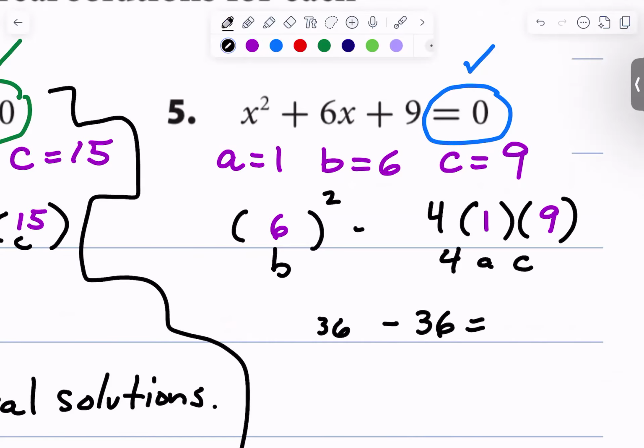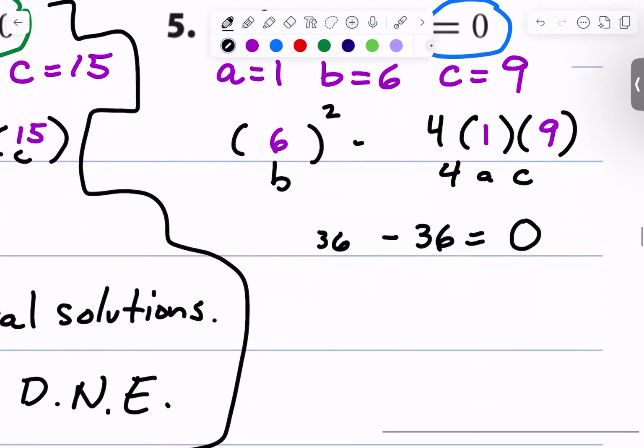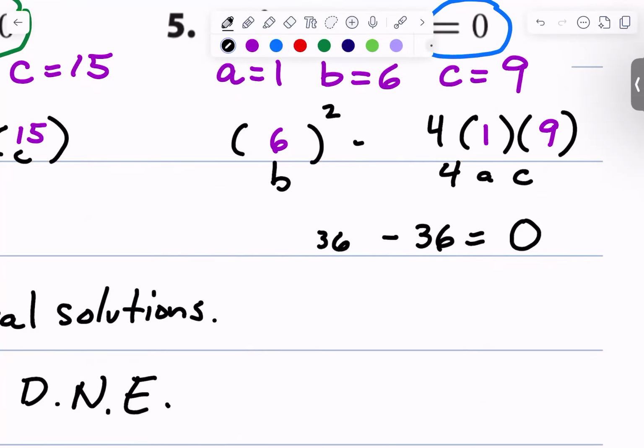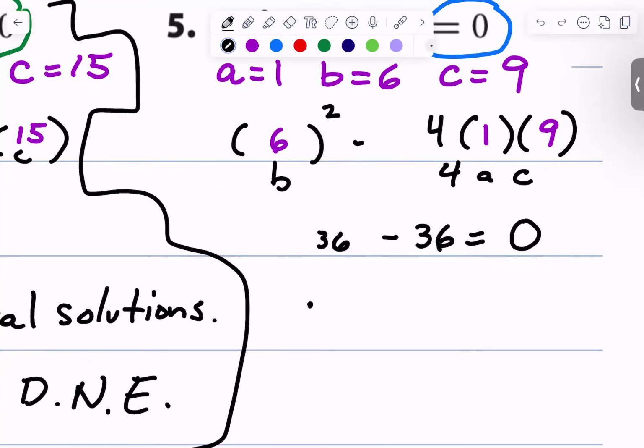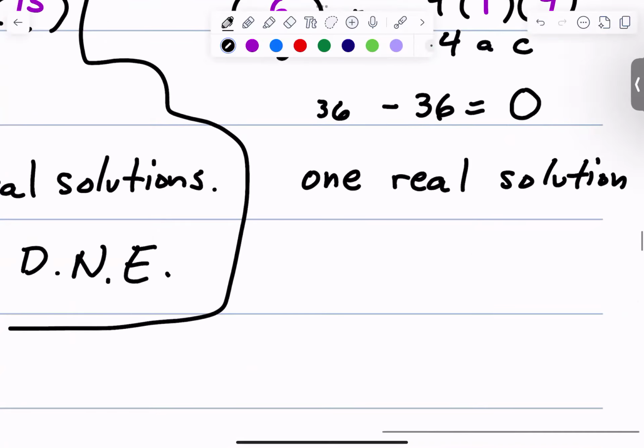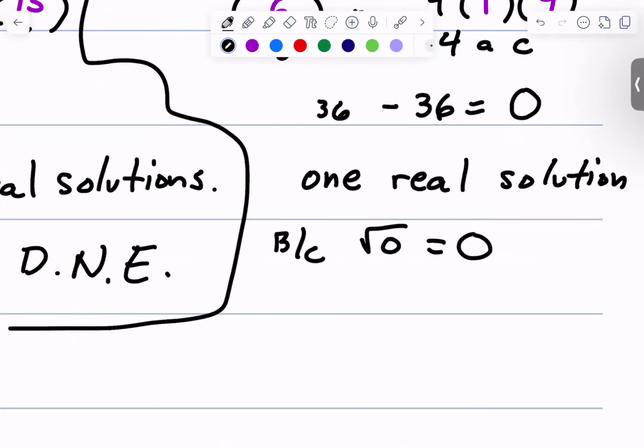Minus, that's a 0. So if it equals 0, there's one real solution because square root of 0 equals 0.